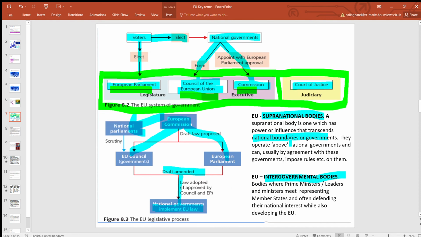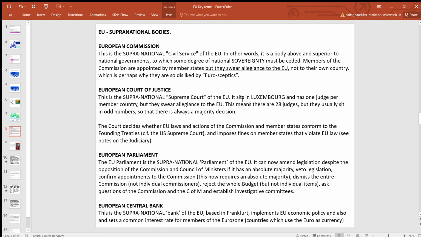But these are the supranational bodies, the bodies which sit above nations, and then you have the intergovernmental bodies, which are where the leaders of the nations, for example ministers or prime ministers, work together. So looking at the supranational bodies in the EU, you have the European Commission. It's like the civil service slash executive of the EU, and the nation states have ceded some degree of sovereignty to this.